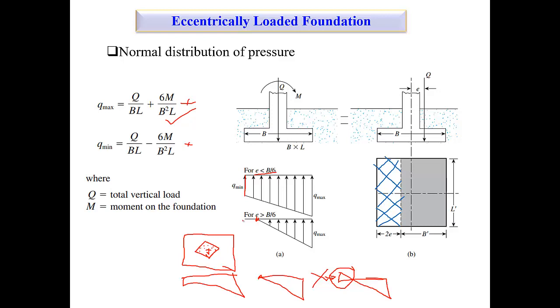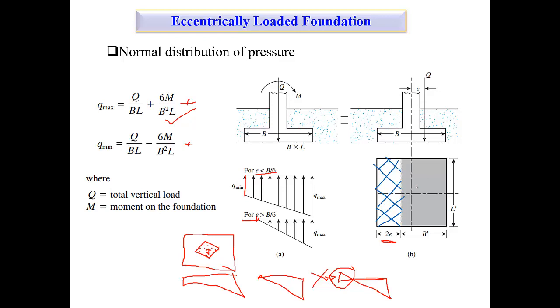That means this portion is in tension, but since the foundation cannot take any tension, they do not consider this tensile force. This distance they consider in the normal way as twice E. Is it clear to all?